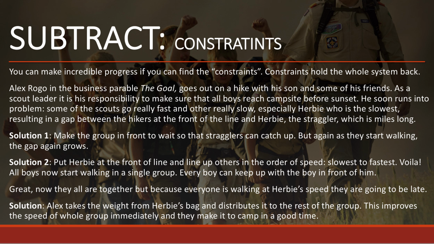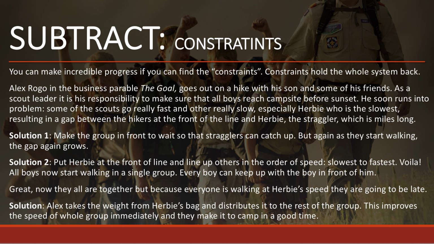Every boy can keep up with the boy in front of him. Great, now they are all together. But because everyone is walking at Herbie's speed, the slowest hiker, they are going to be late. Solution: Alex takes the weight from Herbie's bag and distributes it to the rest of the group. This improves the speed of the whole group immediately and they make it to the camp in good time.